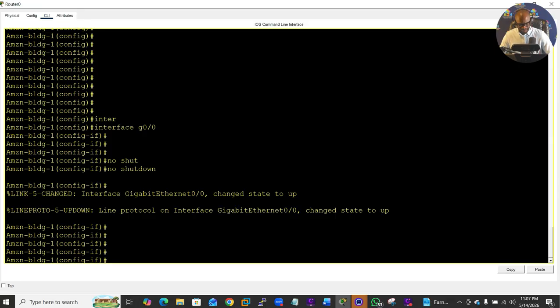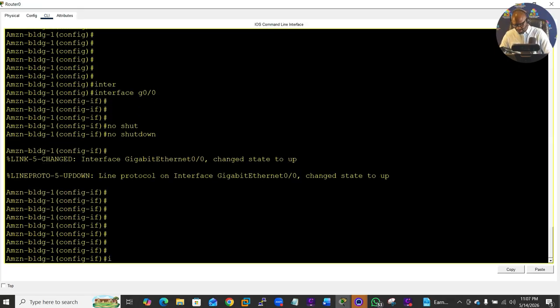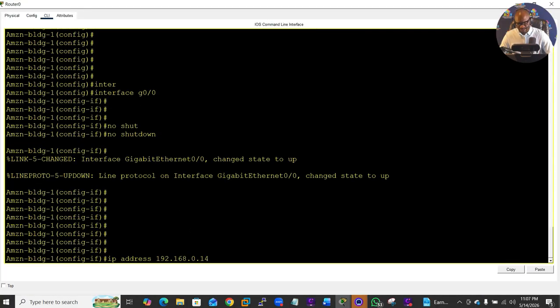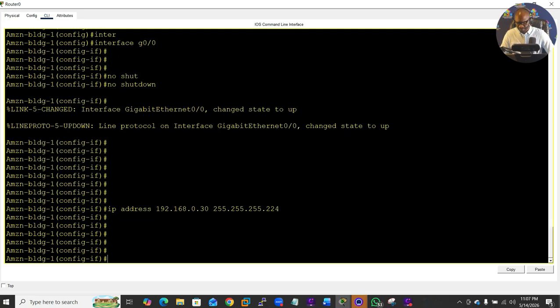And then we have to assign the IP address. IP address 192.168.0.14. Let's double check that. It's the slash 27, so let's put the last usable with 255.255.255.224. Enter.